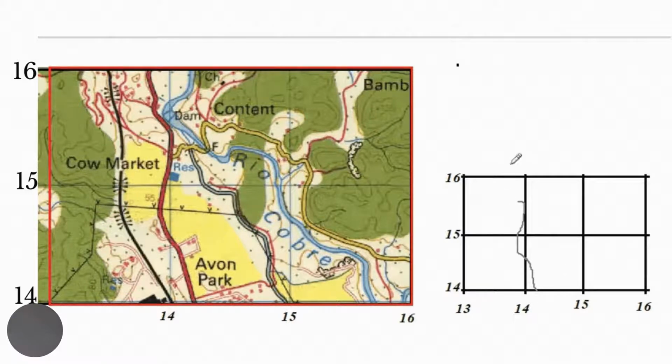After this, we are also going to use our pencil to put in the Rio Cobre River, and we are going to ensure that the shape and the pattern of the river that we are drawing reflects the shape and pattern of the river on the original map.